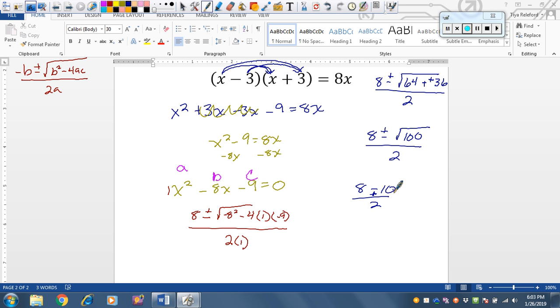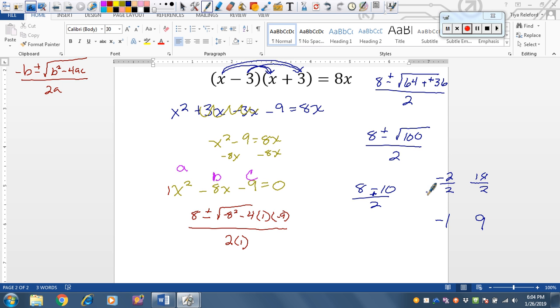So 8 minus 10 divided by 2, that's negative 2 divided by 2. And 8 plus 10, oops, sorry, is 18 divided by 2. So negative 2 divided by 2 is a negative 1. And positive 18 divided by 2 is a positive 9.